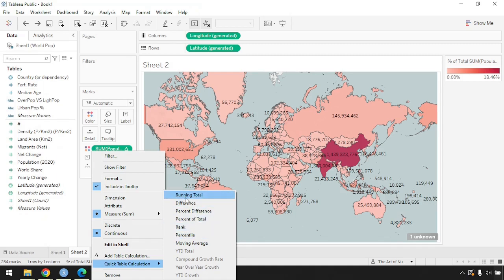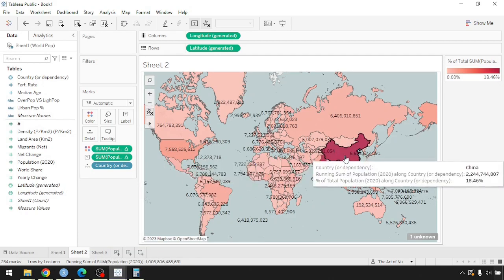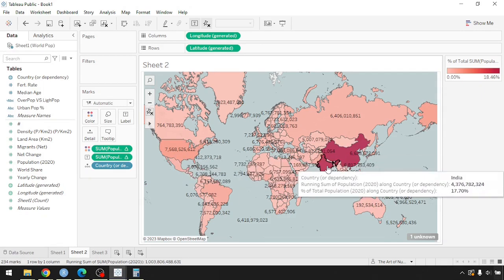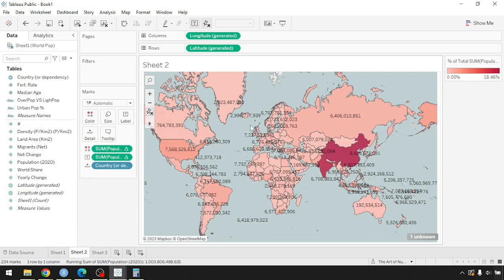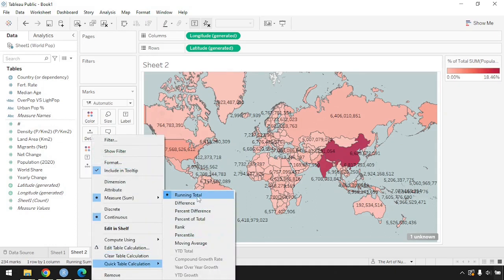For example, if we were to do a running total, we can get the computation performed, but we won't be able to understand it because we're not looking at a list of these data points in their chronology or in their order. So using the running total will not be a good idea when you're bringing quick calculation on a visualization such as a map visualization.